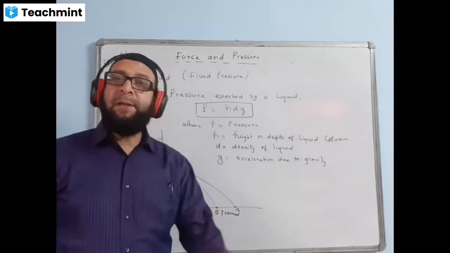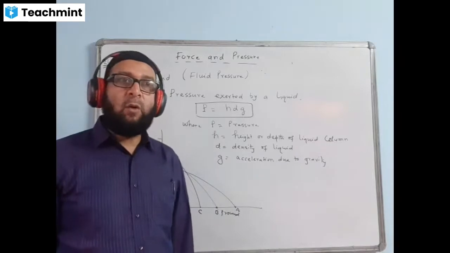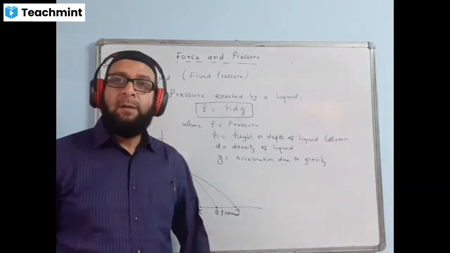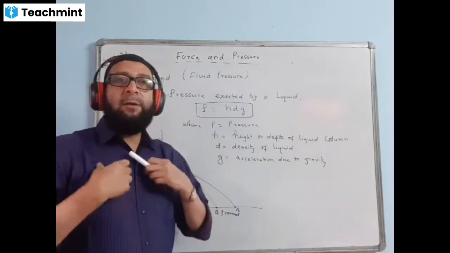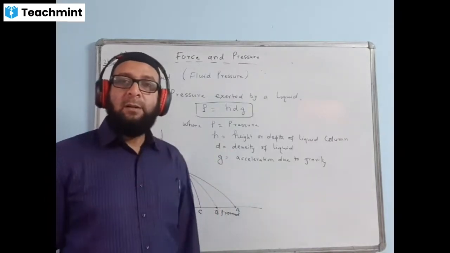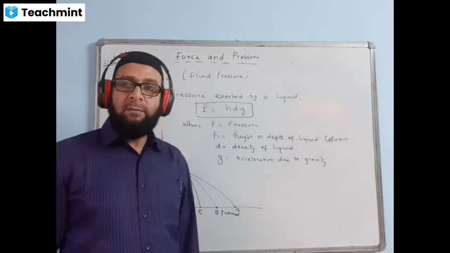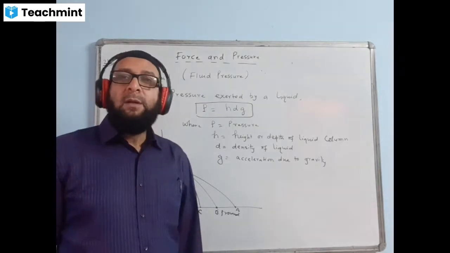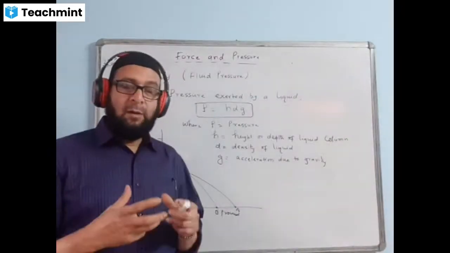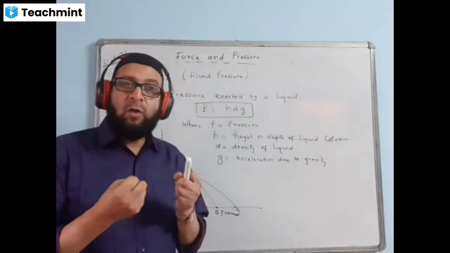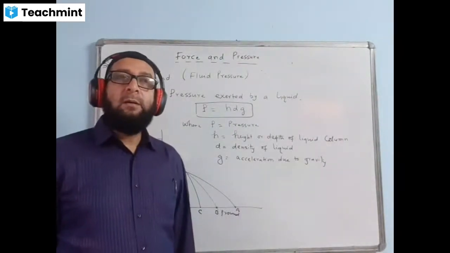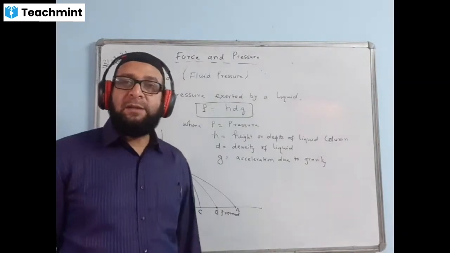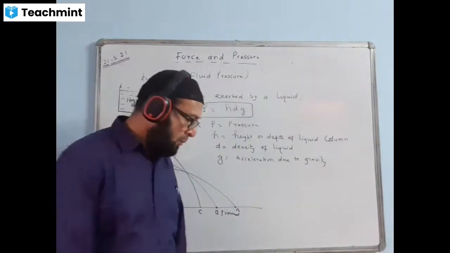Because deep in the sea, the pressure exerted by water is very large. Their body, without that special suit, will not be able to withstand that large pressure, and the person may die. So to counterbalance the large amount of pressure, the person needs to wear a special suit.